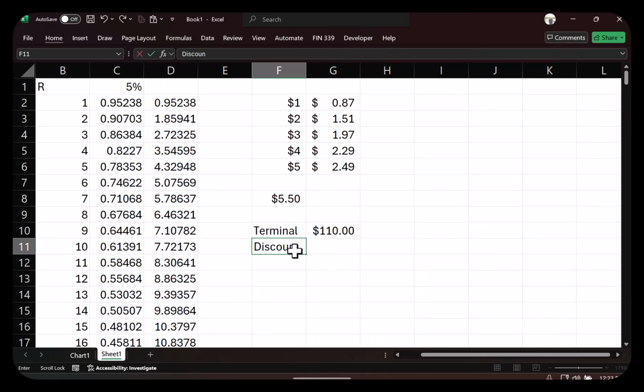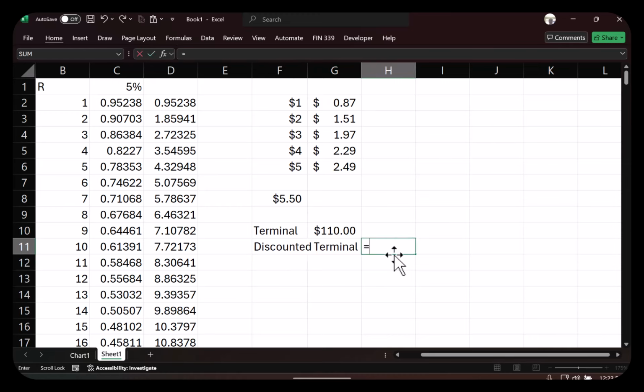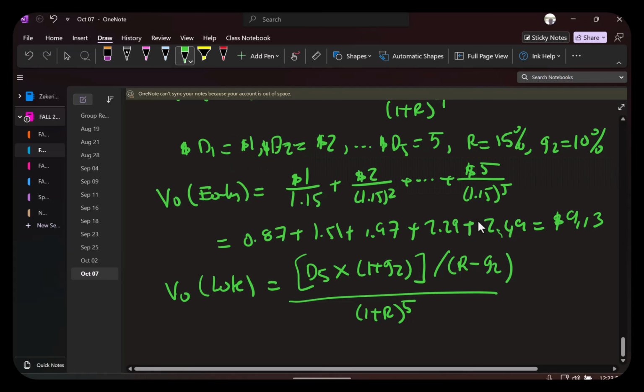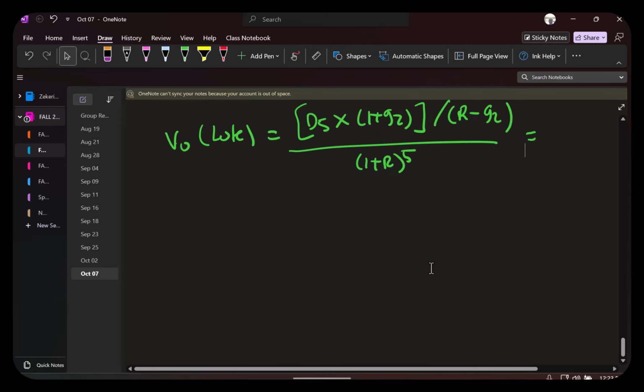And it's the discounted terminal value, 5469.